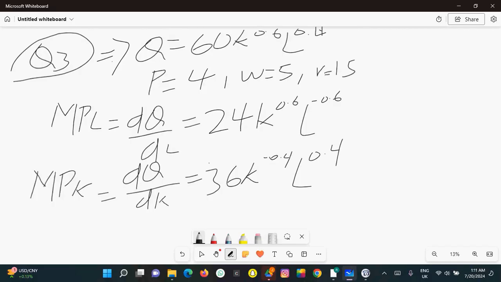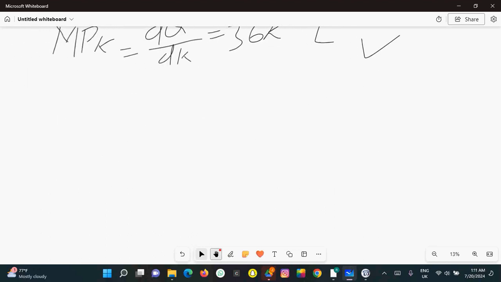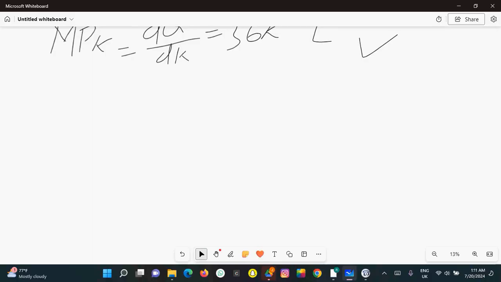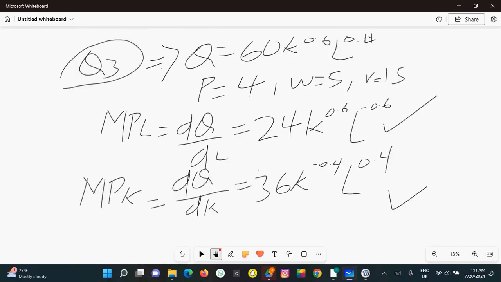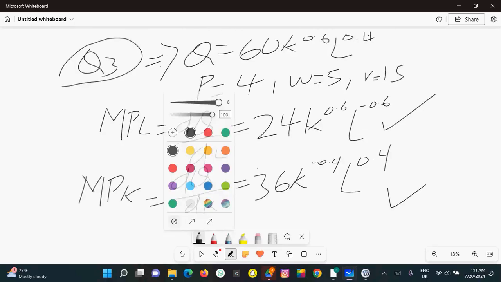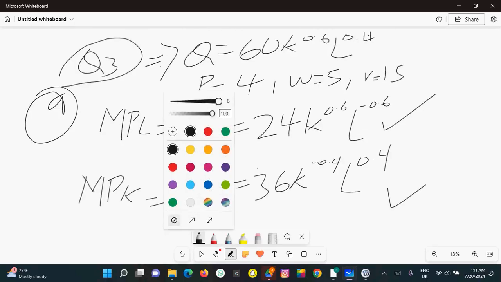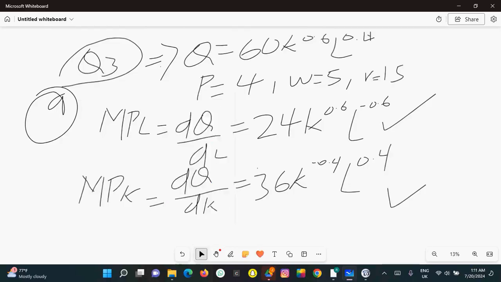So this is the marginal product of labor and the marginal product of capital. Let's move on. And then they are telling us that the second part, so this is 8. Let's move to B.